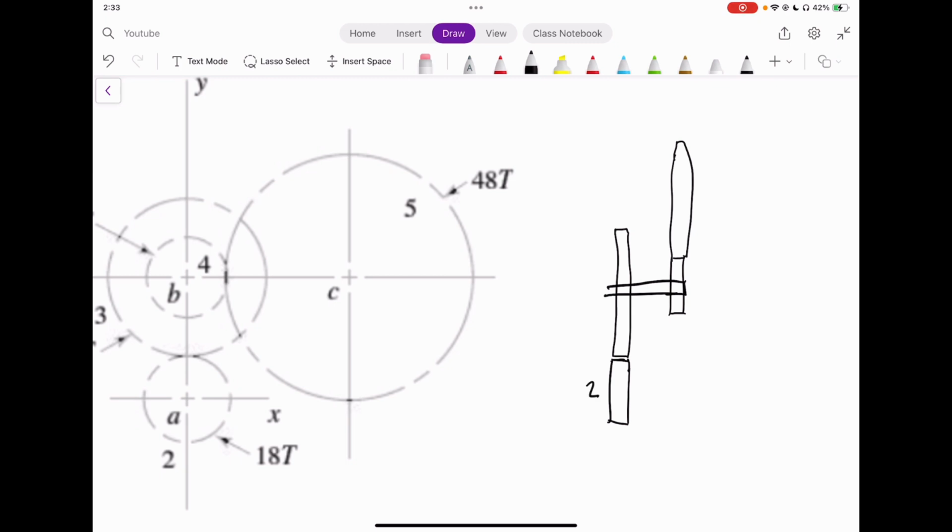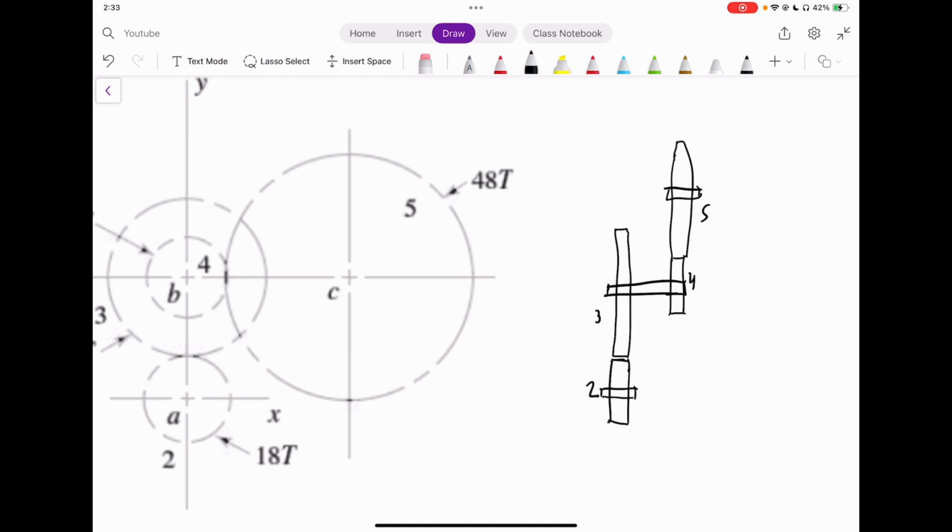So we'd have 2, 3, 4, 5, which we've seen in the past already, and I'll just add some shafts here, which gives us an idea of how it would look from the side or from the top if you were looking at this system.